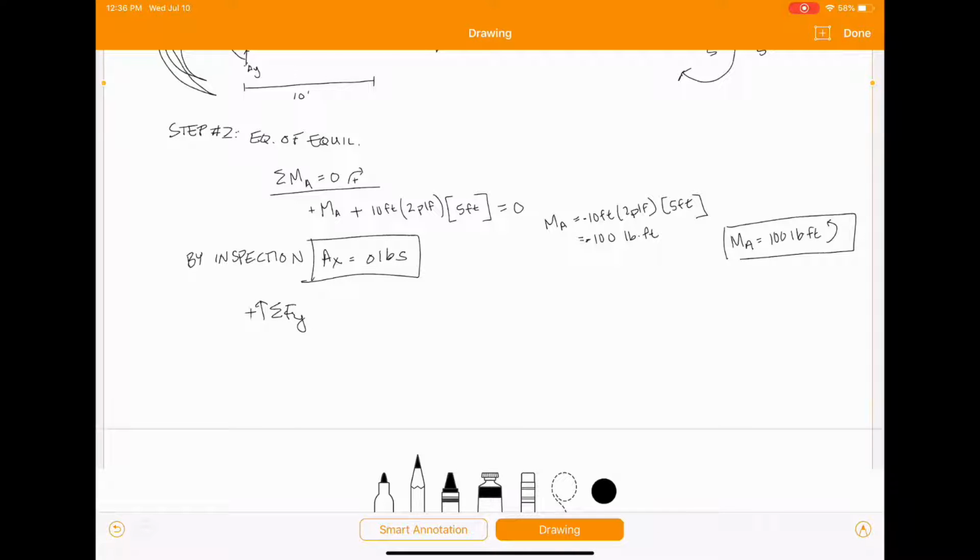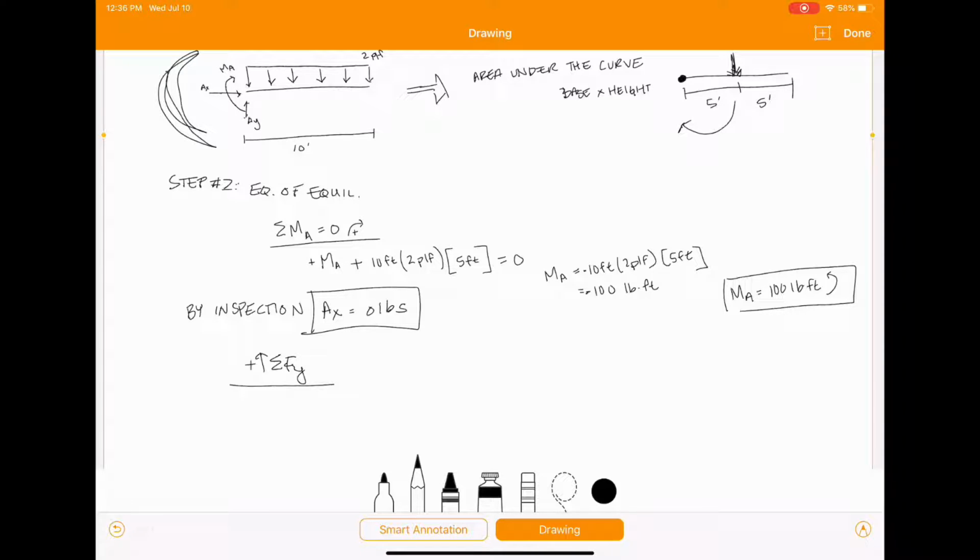Again, I like to choose up as being positive. So we'll start at the left side of the beam and we run into a positive AY. And then our distributed load is going down, so that's going to be negative.